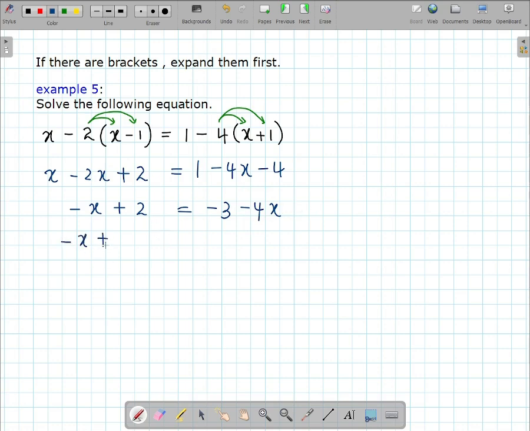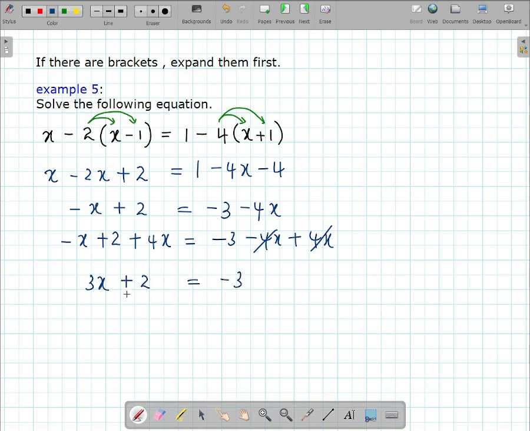Minus x plus 2 add 4x equals minus 3 minus 4x plus 4x. Then minus 4x plus 4x get cancelled. Then I can see here like terms, that is minus x plus 4x, that is plus 3x, plus 2 equals minus 3.